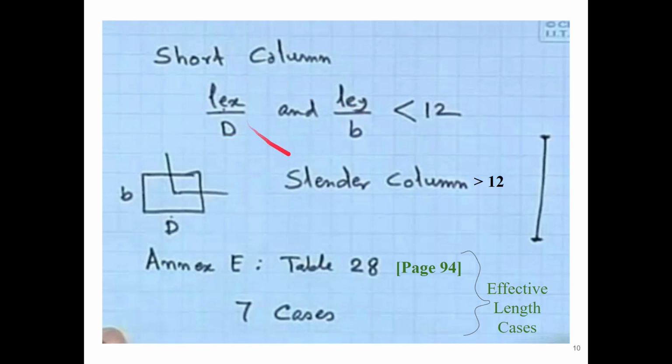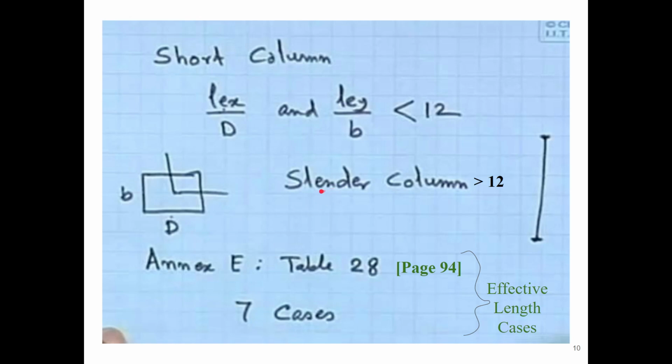As I told you, what is a short column? A short column is basically a column where the L by D value from both the axes is less than 12. If it is less than 12, it is called the short column. Similarly, the slender long column is a column having the L by D or B ratio greater than 12. If you go into more detail, these slender columns are again classified into medium columns and long columns.